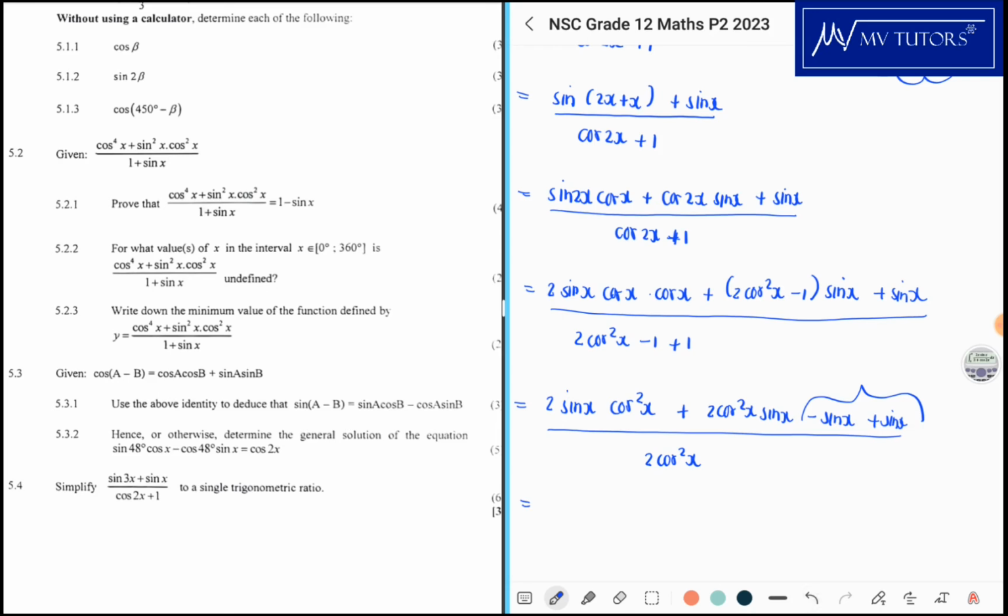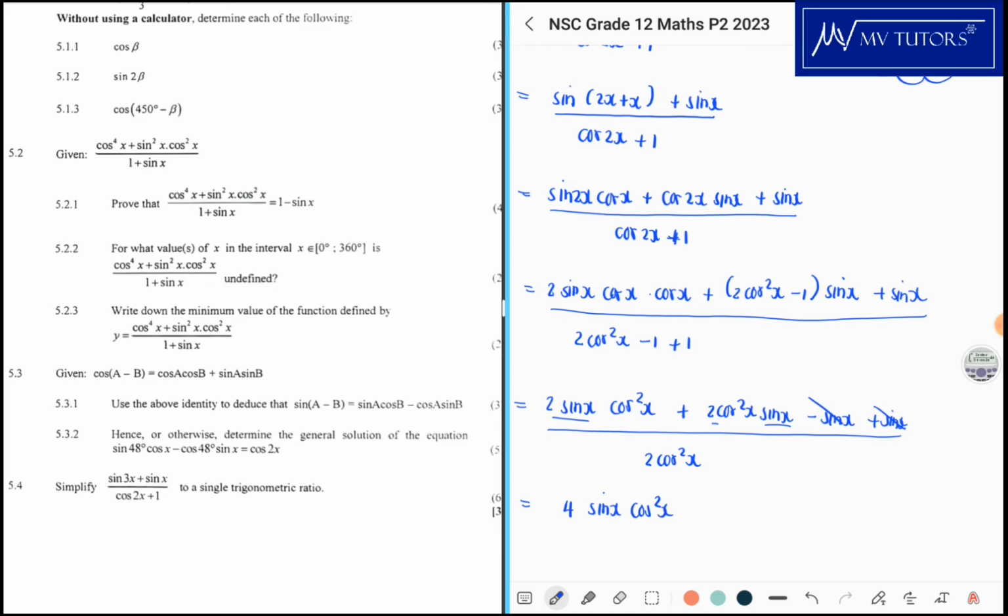Why was I worried? So these two cancel. But this is the same. I have 2 sine x, and there's the 2, there's the sine x. So now I have 4 sine x cos squared x.